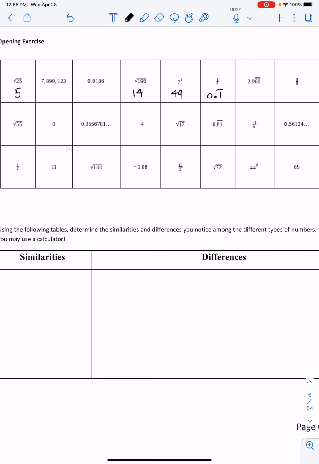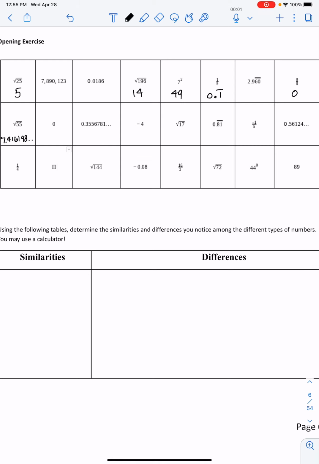We have 0/8, which is 0. The square root of 55 is an irrational number, and it is 7.416198, and it continues to repeat.